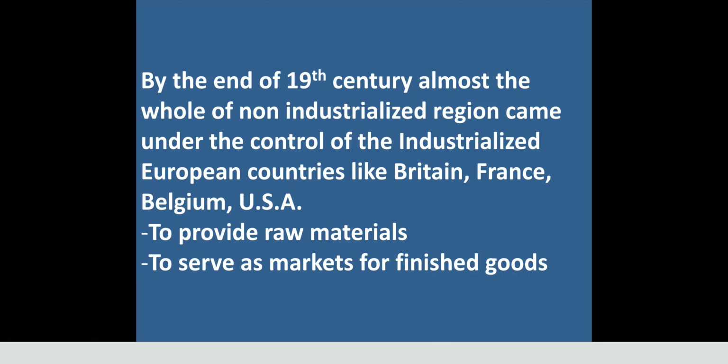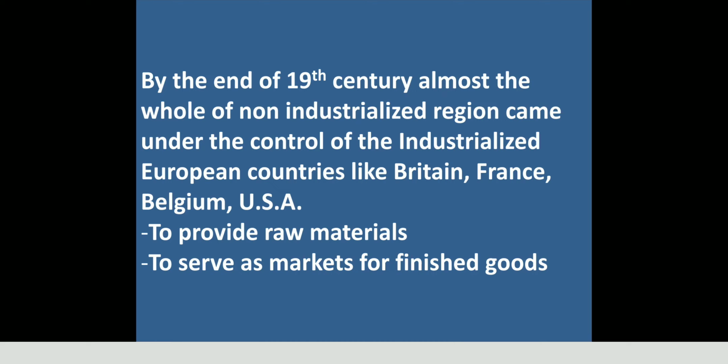By the end of the 19th century, almost the whole of the non-industrialized region, all of Asia, countries like India, Sri Lanka, China, African regions, they all came under the control of the industrialized European countries like Britain, France, USA. Again, why did these industrialized nations require colonies?